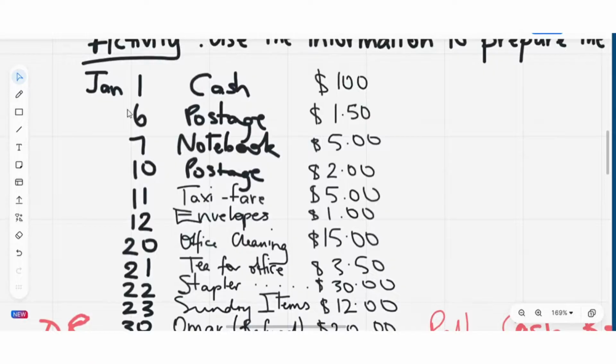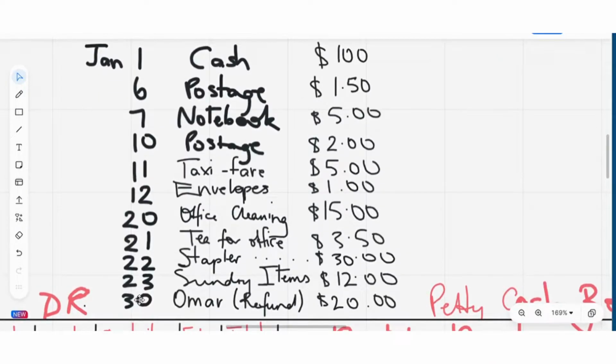So January 1st you have cash for $100. That's the start of the month. And then as you progress through the rest of the month, you have January 6th, postage, $1.50. The 7th, you have the notebook, $5, and so forth. Go straight to January 30, KEMAR refund, $20.